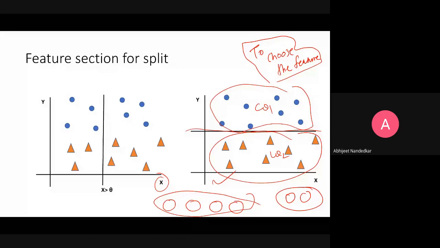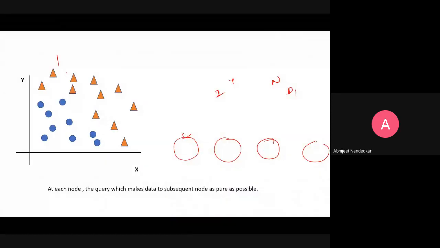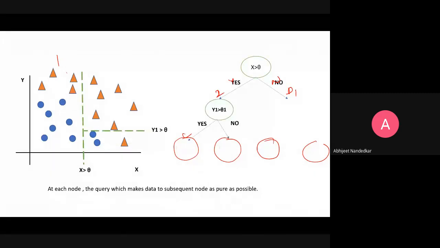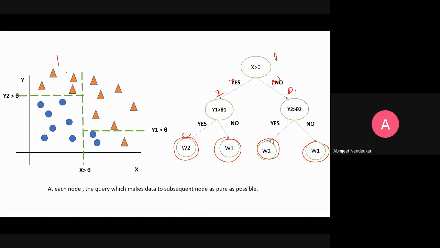Okay. But if you choose a proper feature, then you can reduce the complexity to a large extent. And we have seen this example of how we can construct the nodes, say root node, and then internal nodes and leaf nodes.